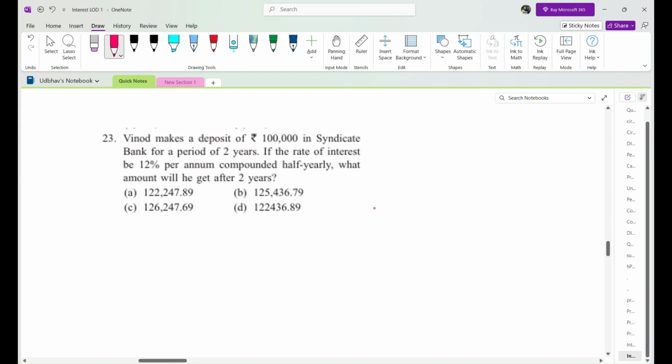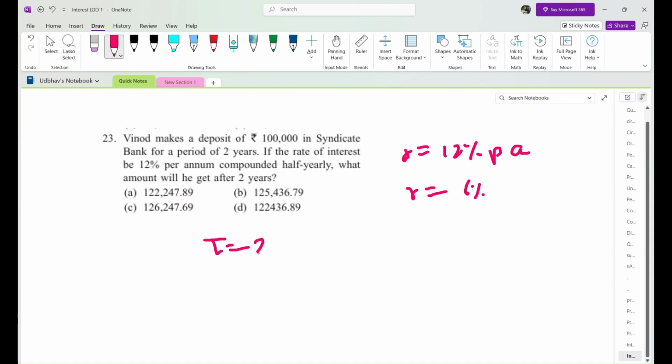Vinod makes a deposit of 1 lakh in Syndicate Bank for a period of 2 years. If the rate of interest is 12% per annum compounded half yearly, so the rate of interest will be 6%. What will be the amount he gets after 2 years?